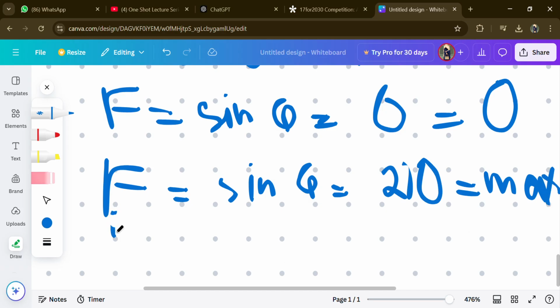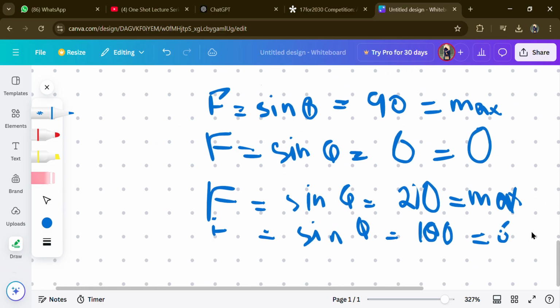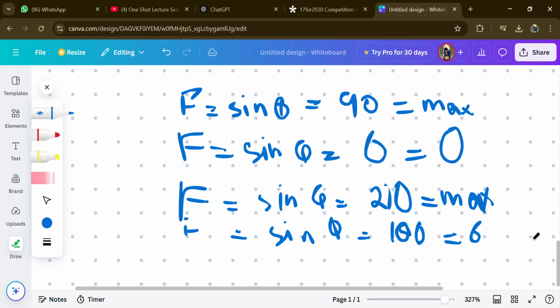And if theta is equal to 180, then the force would be 0. This table can help you create a basic understanding of how things work in terms of the thetas.